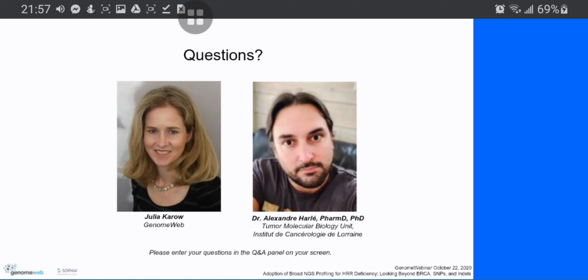We don't have that many databases at the moment, because people are just starting. Even if we have the TCGA database or the ICGC database or a lot of genomic databases, it's really complicated to find really good curated databases. It's something we started in France with a database called SOVAD.